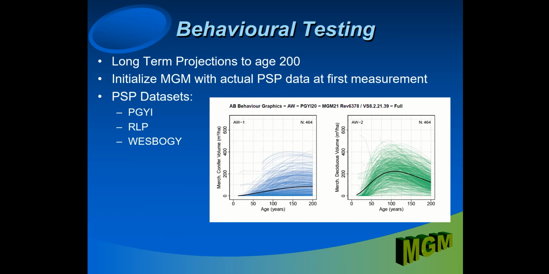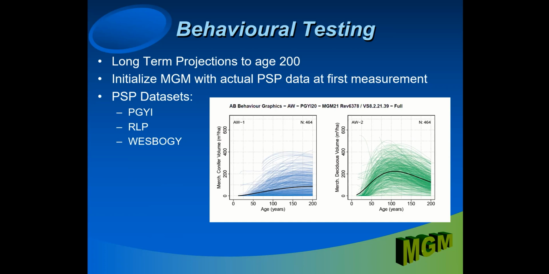What we're actually wondering was, are there badly behaving plots? You can see in the aspen, you have some plots up here that are starting at age, looks like about 25 with 600 cubic meters of volume, and that's just not realistic. So this is an age issue, but it doesn't matter because it's a data issue, not an MGM issue.